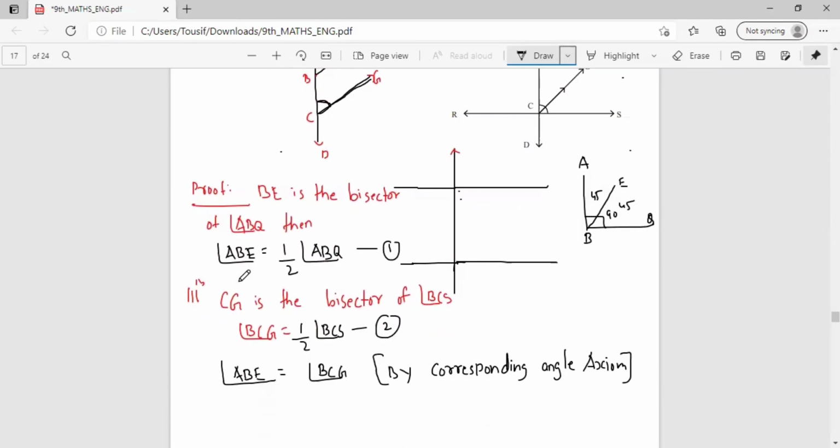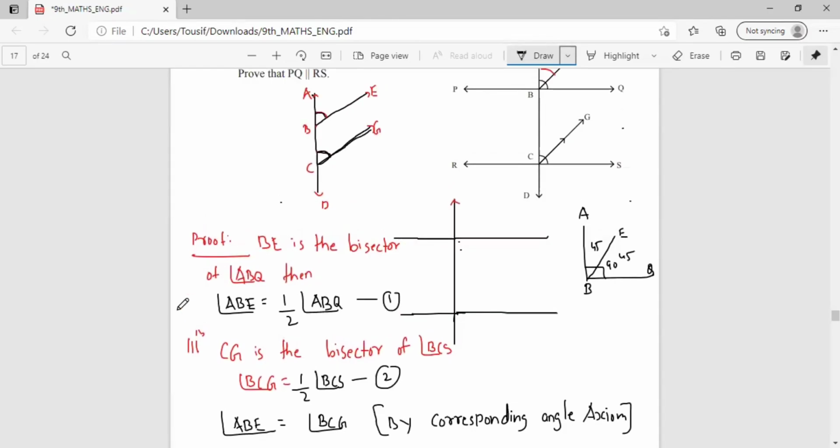They're asking us to prove that PQ, the line PQ in our main figure, is parallel to RS. Now you must think about one thing: when parallel lines are given, we can consider the angles equal based upon the corresponding angle property or some other property like the alternate interior angle property. But here the lines are not given as parallel and they are asking us to prove that the lines are parallel.